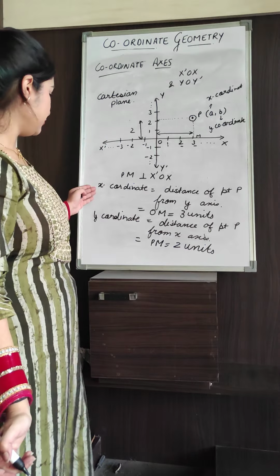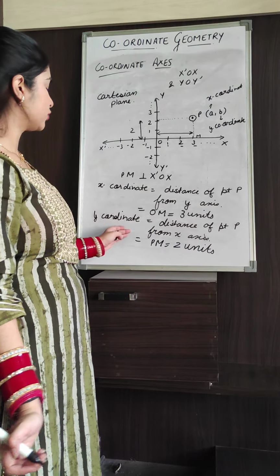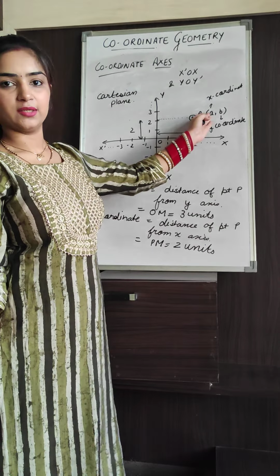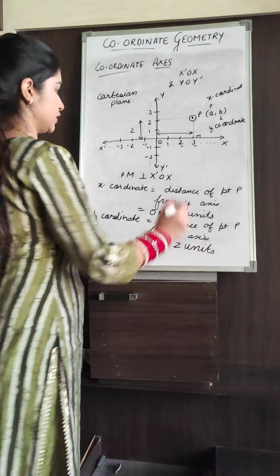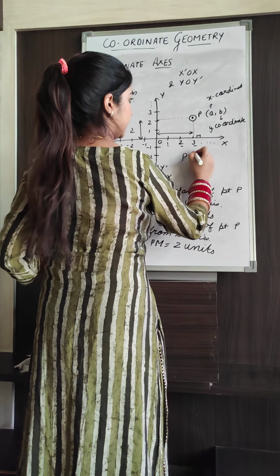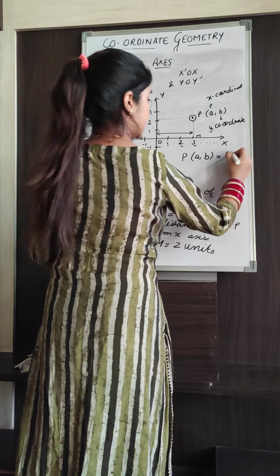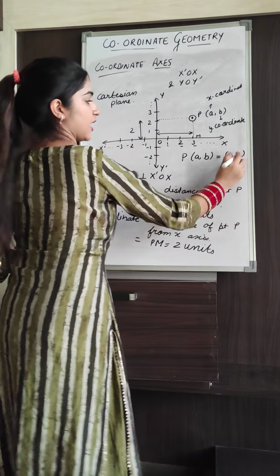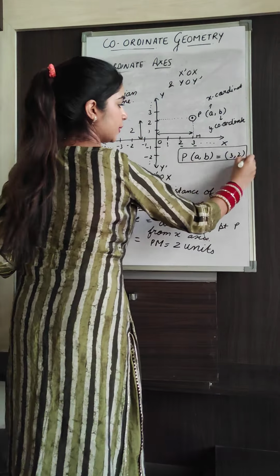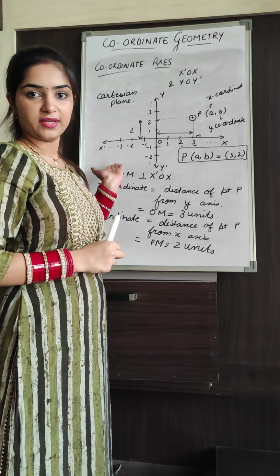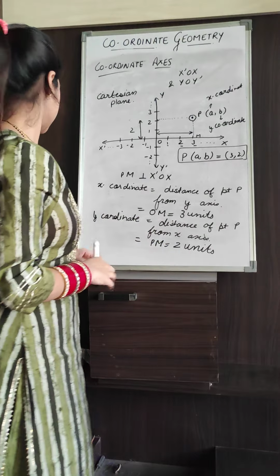So easily we can find the x coordinate and y coordinate. Once the x and y coordinates are found, we get the coordinates of point P, which is P(A, B) equal to (3, 2). These are the coordinates of point P. Similarly, we can find the coordinate of any point which is given to us.